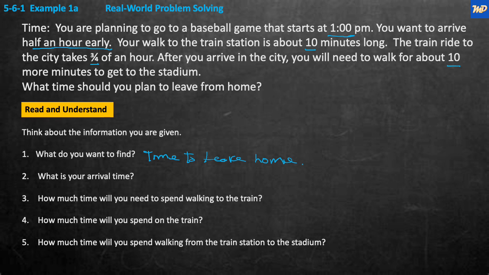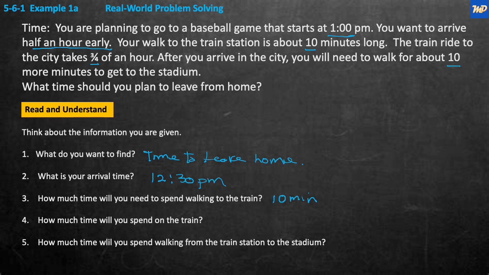So we can get to the ballpark by 12:30 p.m. Okay, what is the arrival time? Well, the arrival time has to be at the park at 12:30 p.m. Given that, how much time will you need to spend walking to the train? We know that's 10 minutes. How much time will you spend on the train?